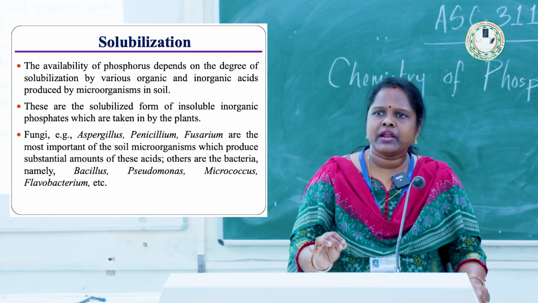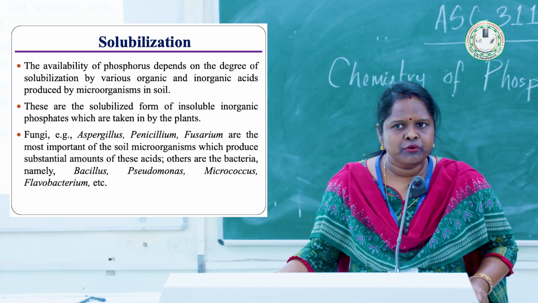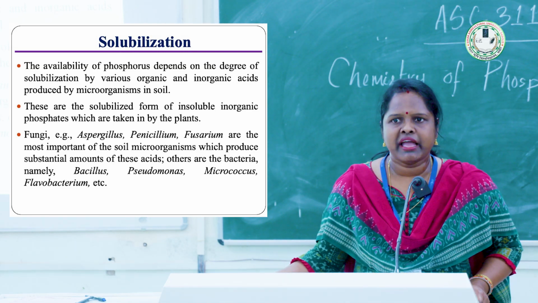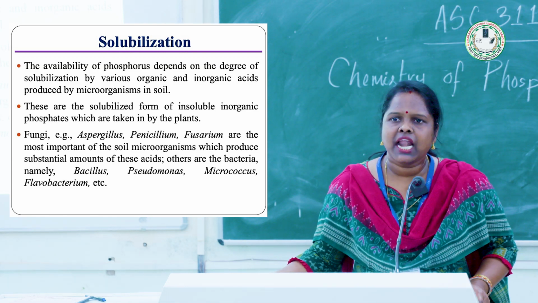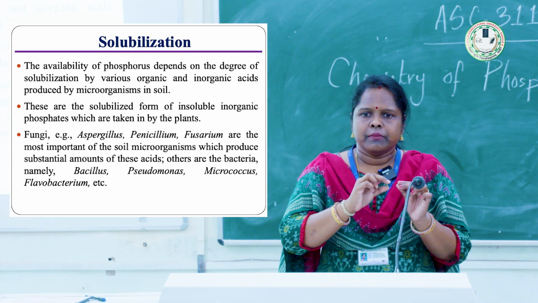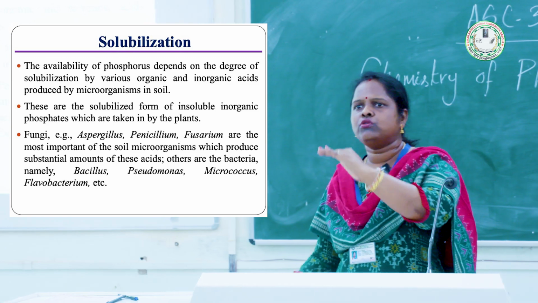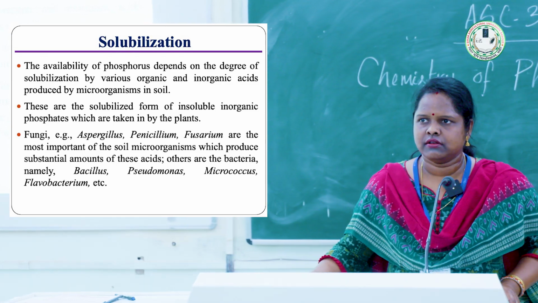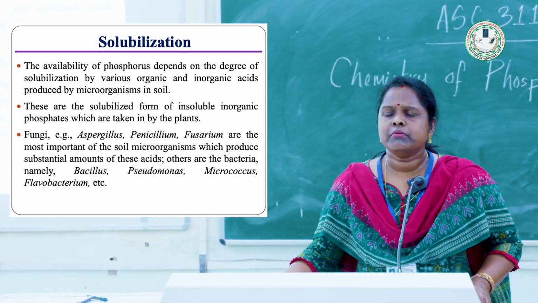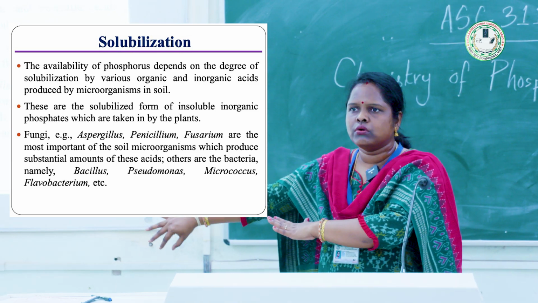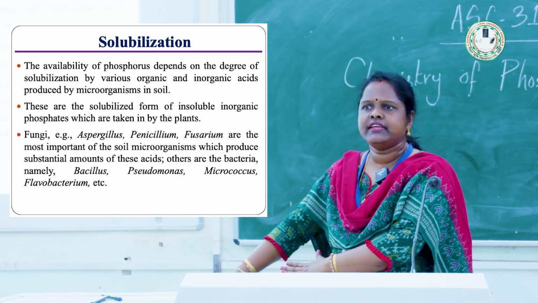This mycorrhiza is the only fungi which is used as biofertilizer, and it helps in transporting the phosphate ions from the soil depletion zone to the root rhizospheric region. What is the soil depletion zone? It means where the root cannot go, beyond the rhizospheric region.